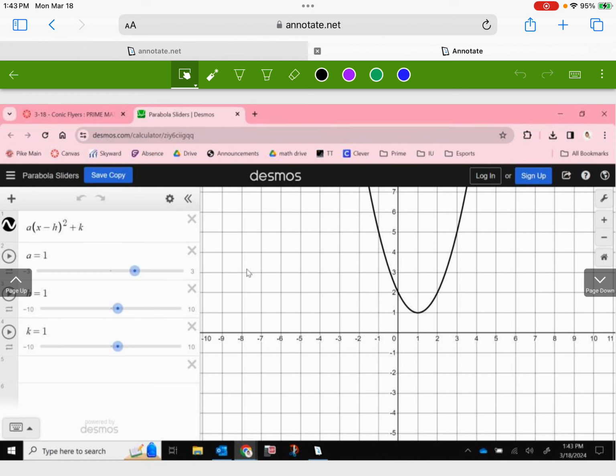So see if you can figure out a way to describe what A, H, and K each do. Just take a couple of minutes and see if you can figure out what A, H, and K do.